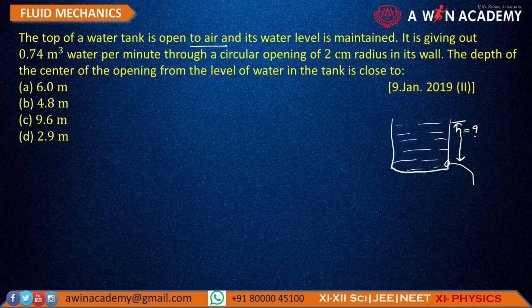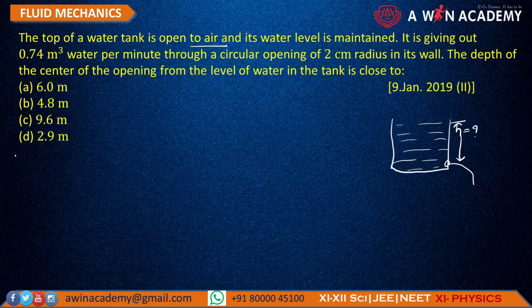We are asked the height of the hole from the open surface. The water level is maintained. सेम जो हमने प्रीवियस प्रॉब्लम सॉल्व किया उसी की तरह इसका भी सॉल्यूशन आएगा. यहाँ पे भी फ्लो रेट दिया है और हाइट ही पूछा है.